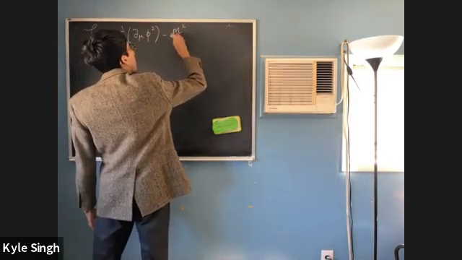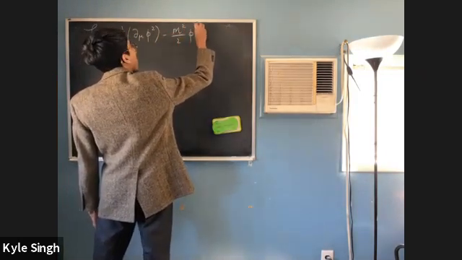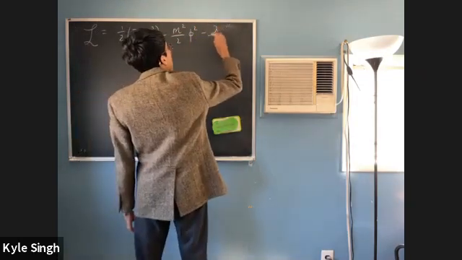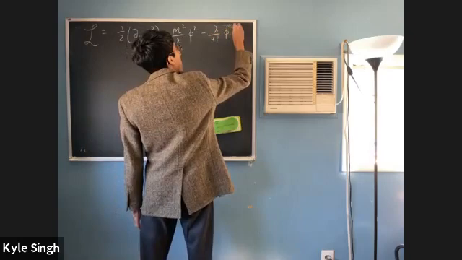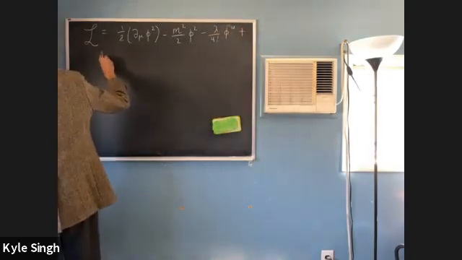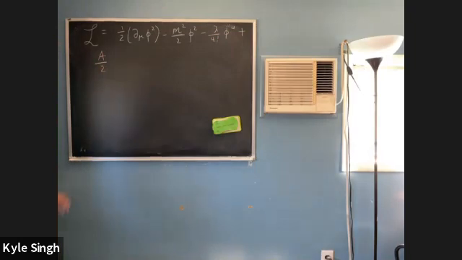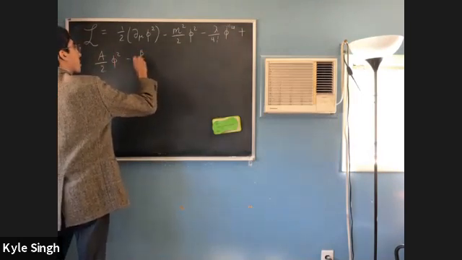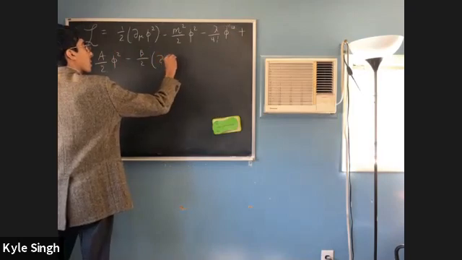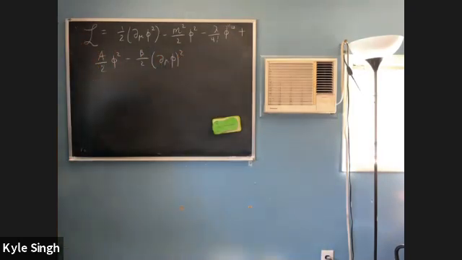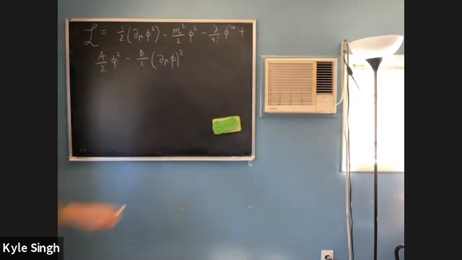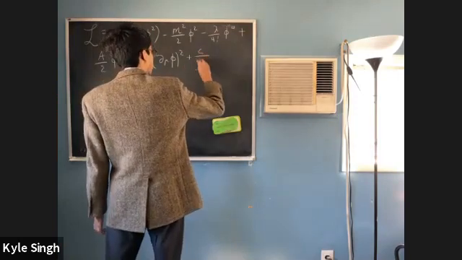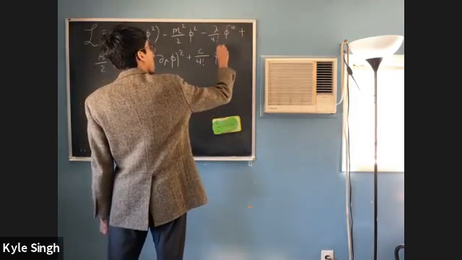Minus m squared over 2 phi squared minus lambda over 4 factorial phi to the 4th plus my first guy, a over 2. So now I'm just going to add the counter terms. Minus b over 2 d mu phi squared. So I literally have just added the counter terms, right? Plus c over 4 factorial phi to the 4th.